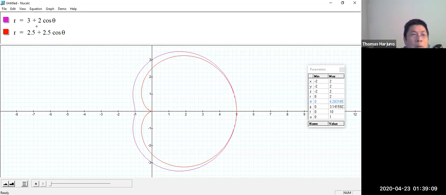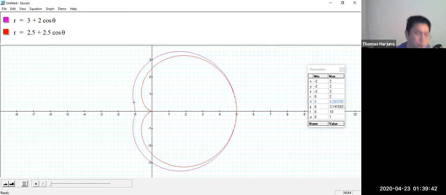So for the purple one, the y-intercept is 3. For the red one, the y-intercept is 2.5, right? And then the minimum value for the top one is 1. So it seems like it's intersecting at -1, but from the point of view of polar, the radius from origin to that point is 1 at the angle of 180 degrees.